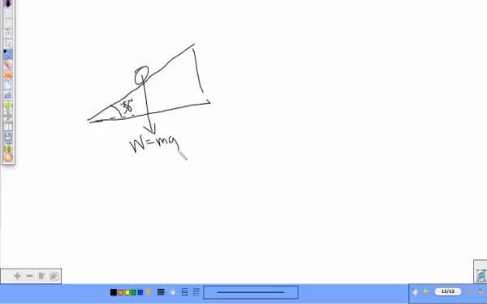We do know weight is equal to mg. We know WY is equal to the cosine of 38 times the weight, which is mg. We know WX is the sine of 38 times the weight, which is mg. And we want to know the coefficient of static friction.